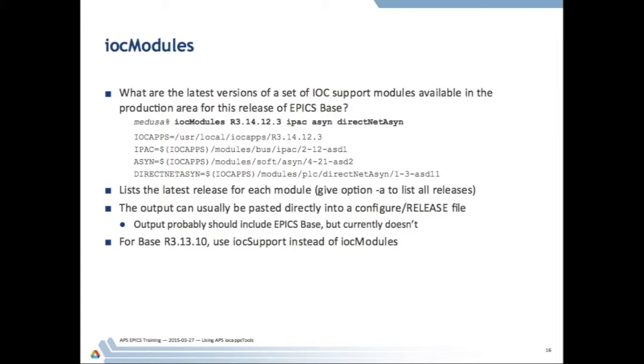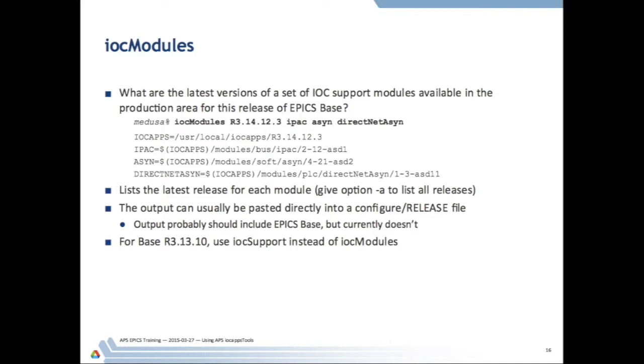Another question that, as a developer, you might want to ask are, I'm switching to a new version of base. What is the latest versions for a set of support modules that are built in the production area for my particular set of applications that I'm wanting to use? So we run IOC modules. We tell it which release of base we're using, and then you can give it a list of support modules.